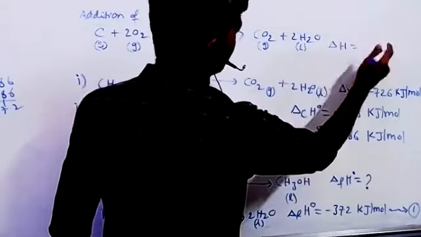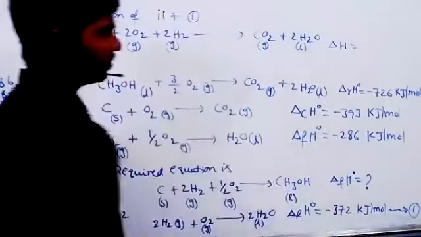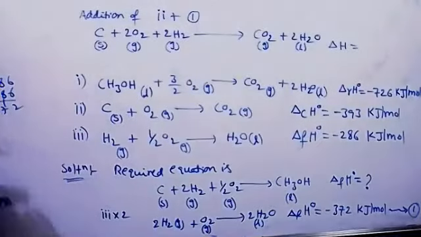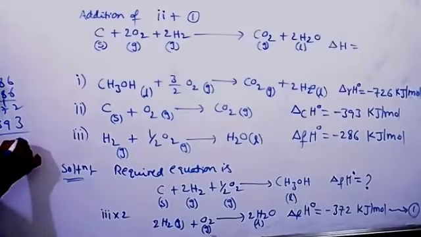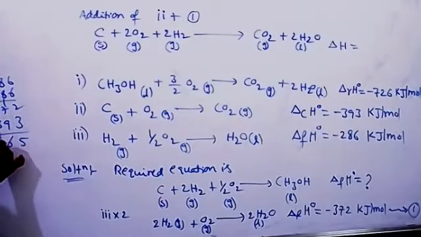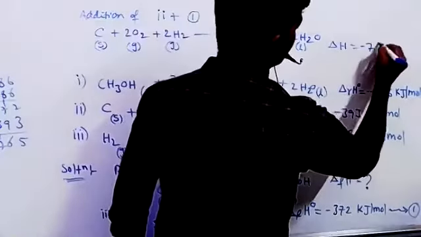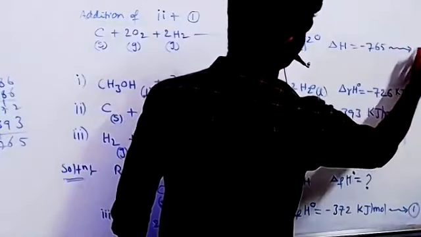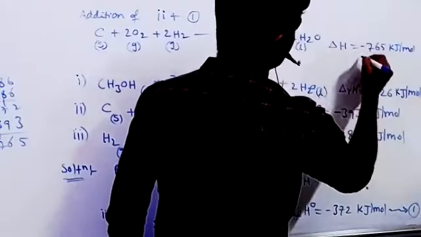Then the enthalpy, add these two also: minus 372 and minus 393, minus 765 kilojoule per mole. So this is equation 2.